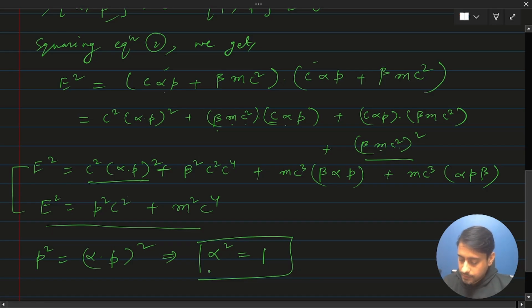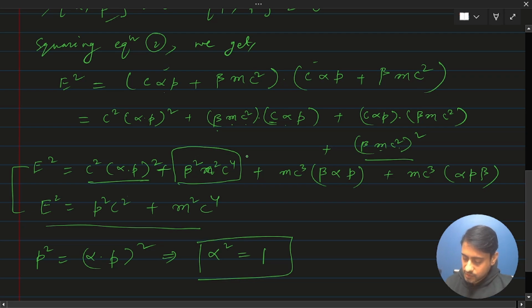Another, we have this term containing beta squared m squared, this is m squared, not c squared, m squared c to the power 4.